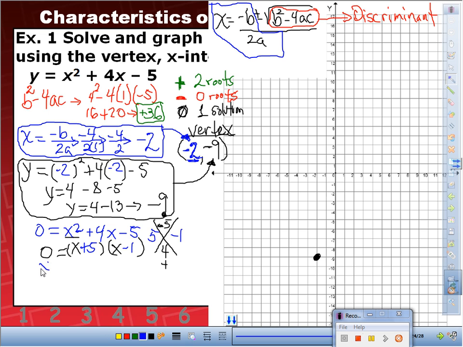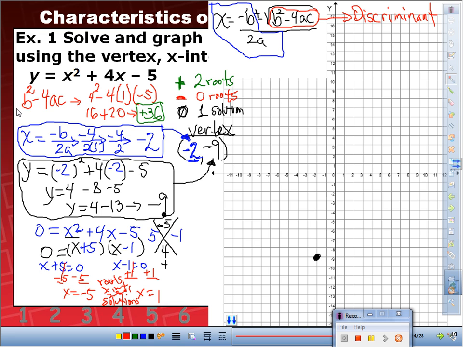So I'm going to write x plus 5 equal to 0, x minus 1 equal to 0, and let's solve. -5 minus 5, x equals -5, plus 1, x equals 1, and these are my roots. X-intercepts, zeros, solutions.